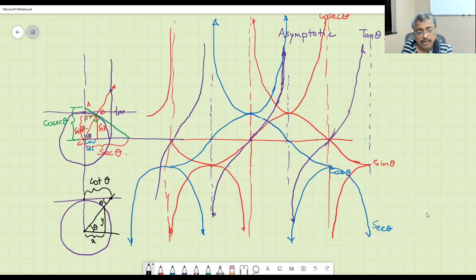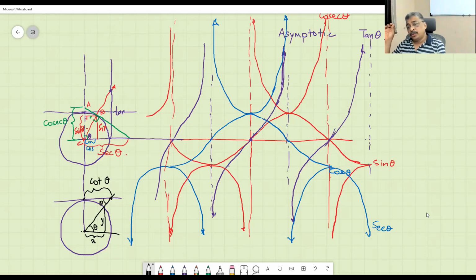So x upon y, sorry, sine is y. So cot is cos upon sine. So x upon y is your cot, and here this is x and this is y. Therefore cot theta upon 1. Therefore this distance is cot theta.